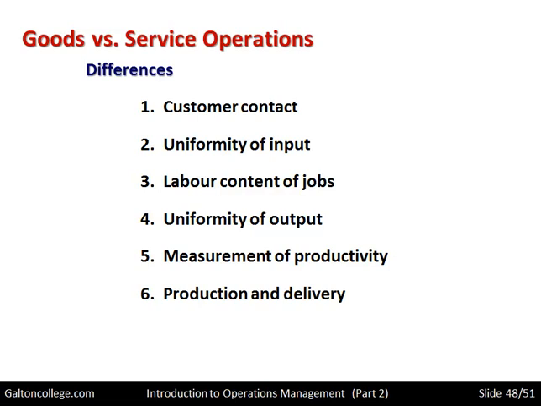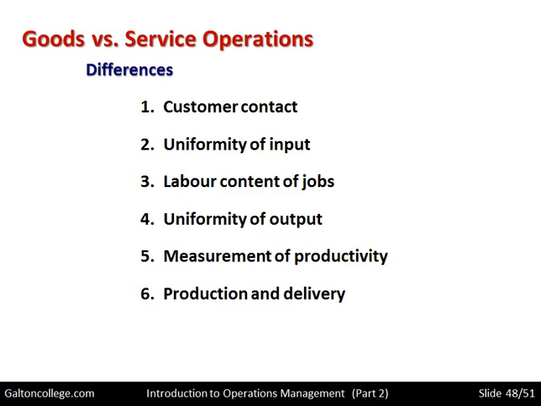So with services, the production and delivery is different. The delivery is to the person, to the customer directly, and it's almost unique to that customer. And the production is based on the requirements of the customer.